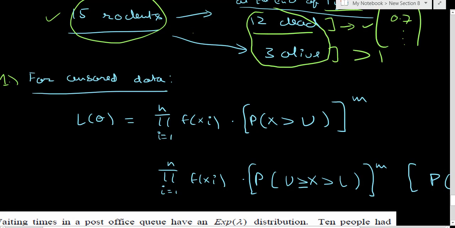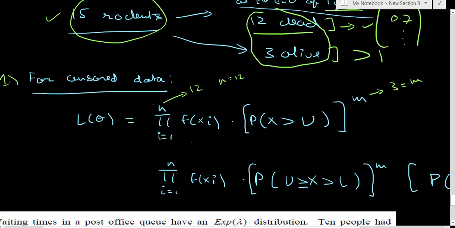For example, in this example of a researcher, he knew about 12 guinea pigs, and he did not know about 3 guinea pigs. So let n is equal to 12 and m is equal to 3, right? Let these be the values.